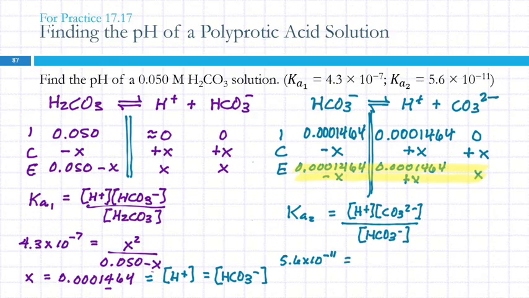And now H plus is this kind of messy thing here, 0.0001464 plus X. And CO3 is just plain X. And that's going to be divided by the HCO3, which is that guy.